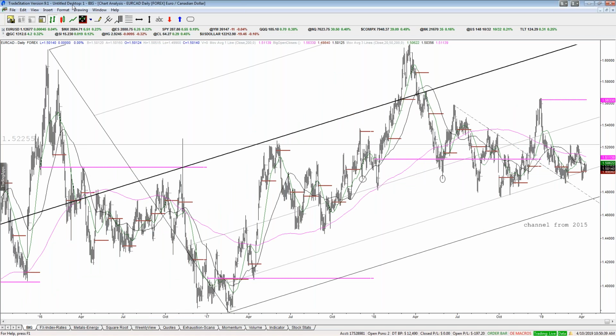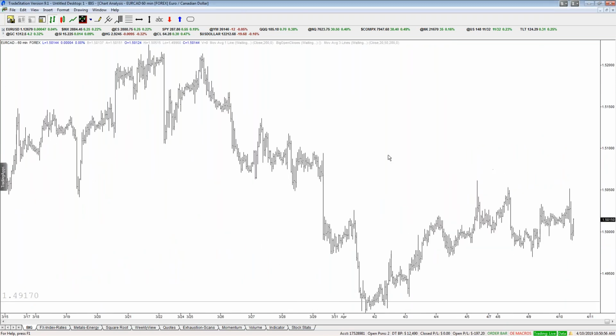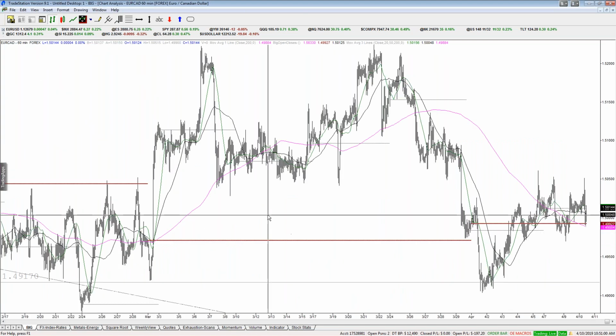Good horizontal level. You can see where those circles are drawn right there. Right here too. So we still are holding a level, right? I don't know. CAD right now to me is just not CAD anything.